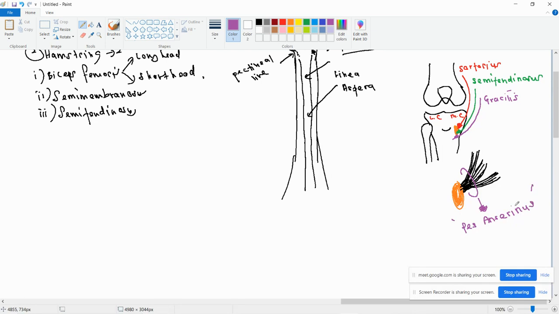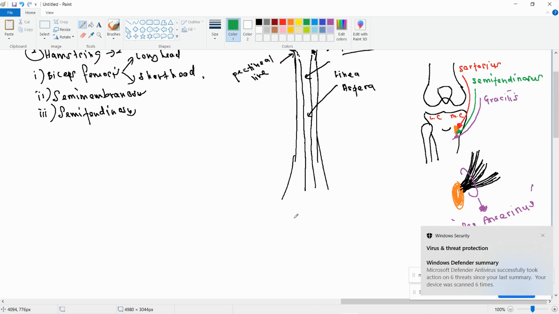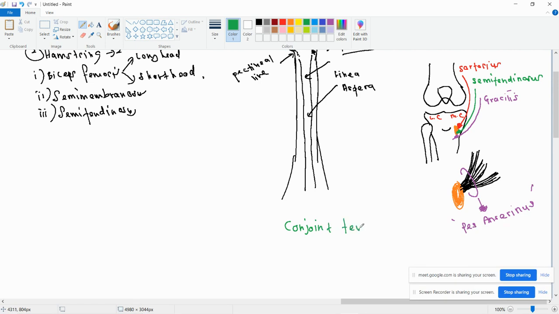Pes anserinus. What is pes anserinus actually? Pes anserinus basically refers to the conjoint tendon. Please, another word for you, class: conjoint tendon, which is these tendons joined together. Which tendons, class?